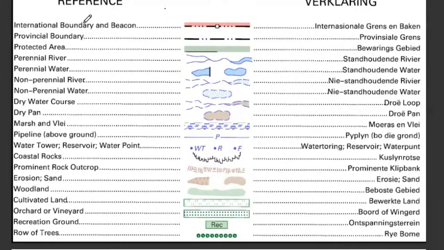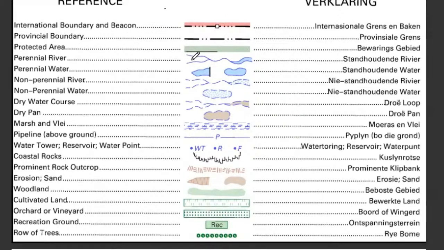Take an example. The national boundary and the beacon. See that? The national boundary, this kind of line here, and then the beacon, that other kind of line. Then there is a provincial boundary that looks like that. It's a bit different from this one. You see, these are 2 dots. These are 3 dots.